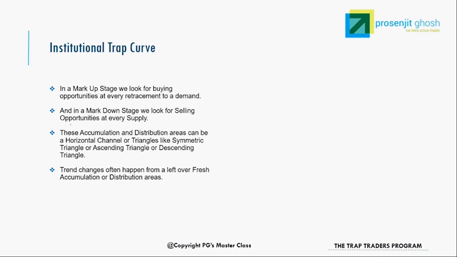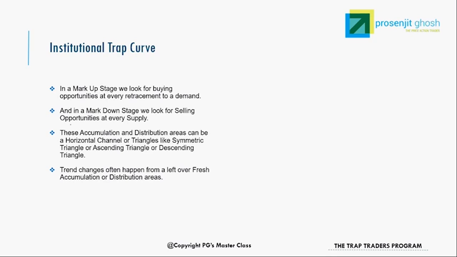So once price comes back to that point, say after creating distribution, then the downtrend happened, then the redistribution happened, everything happened, correction happened, and now price is coming down to that leftover fresh accumulation, we can expect a trend change from there, and also a new accumulation can form there.